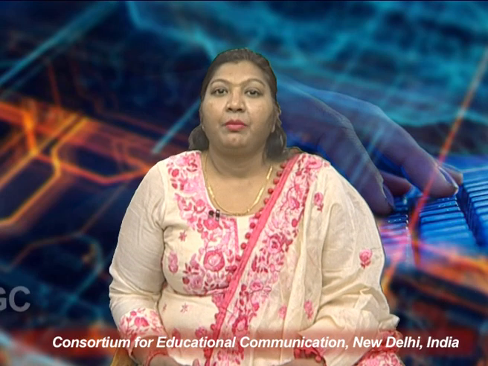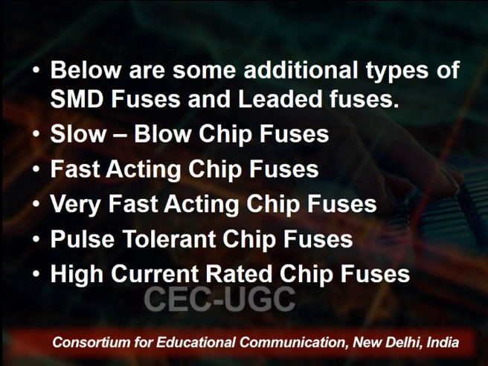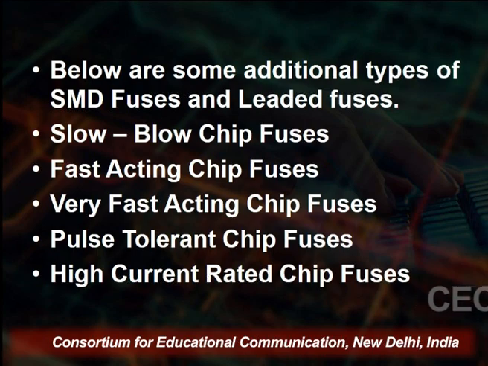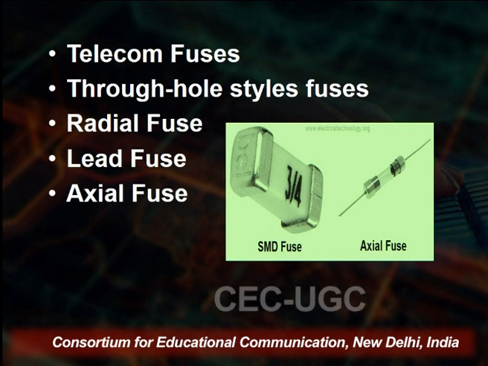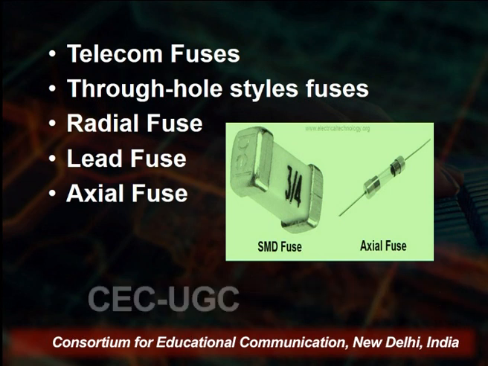Below are some additional types of SMD fuses and leaded fuses, like slow blow chip fuses, fast acting chip fuses, very fast acting chip fuses, pulse tolerant chip fuses, high current chip fuses, telecom fuses, through hole fuses, radial fuses, lead fuses and axial fuses.